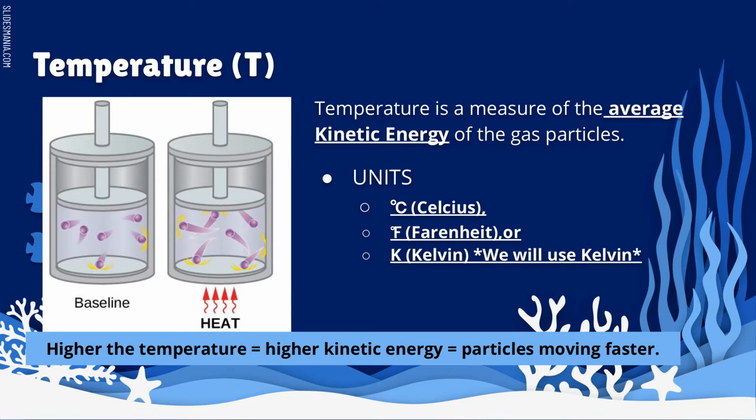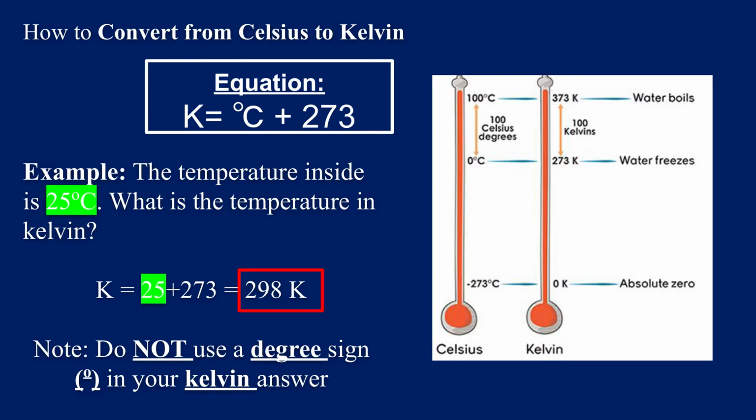So units for temperature are degrees Celsius, degrees Fahrenheit, and Kelvin. Kelvin is a temperature, and there is no degree sign when we talk about Kelvin. So how do we convert from Celsius to Kelvin?